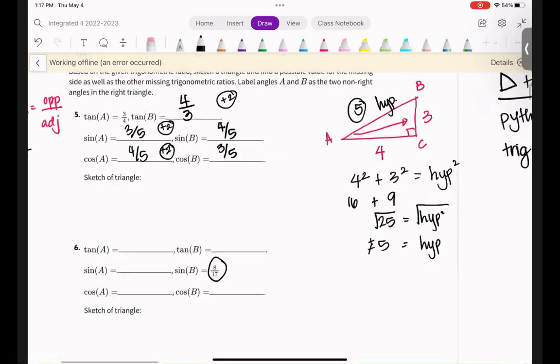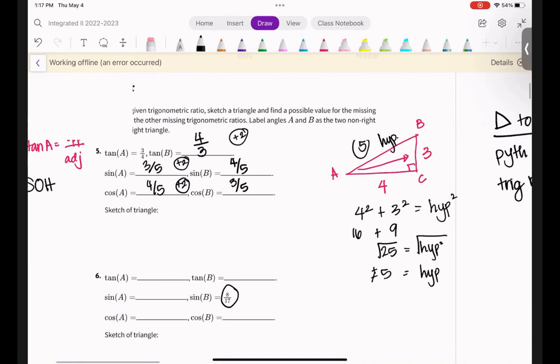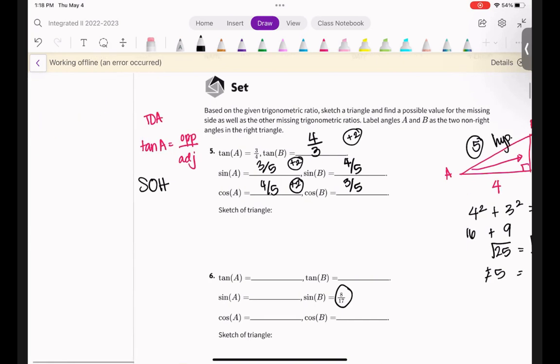So what did we do first? What was the very first thing that we did when we were figuring out this problem? Yeah, we drew the triangle. So let's make some directions over here so that we feel comfortable. Number 1, draw triangle. Number 2, then what did we do?